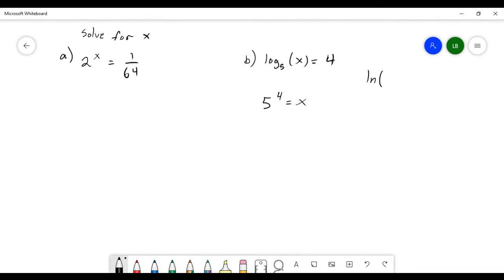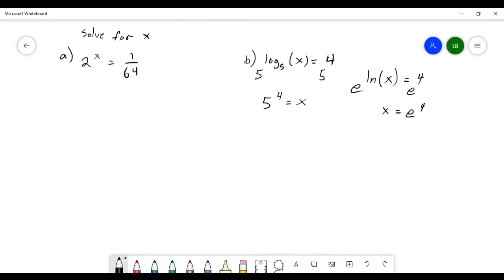So if we wanted to undo natural log, we would raise both sides to the power of e, right? Because e to the natural log of x is just x. In this case, since our base is 5, in order to cancel out that log base 5, we would raise 5 to the power of each side.